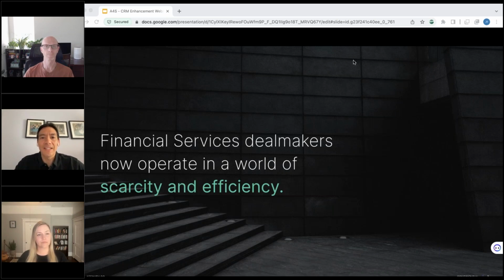Now, despite this, technological innovation is heavily influencing deal making, and CRM systems like Salesforce are crucial for their success. Now, providing valuable data insights and streamlining deal origination and management processes, Salesforce can lead to improved returns for investors. The big question is, is your Salesforce CRM future-proof enough to overcome these deal-making challenges?